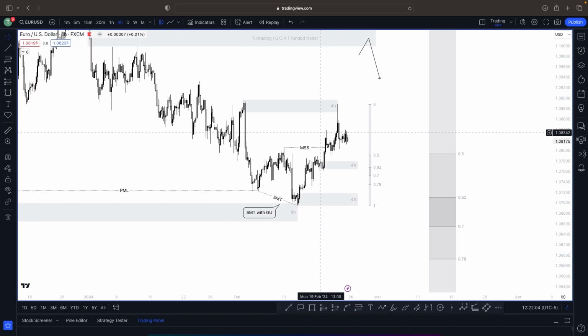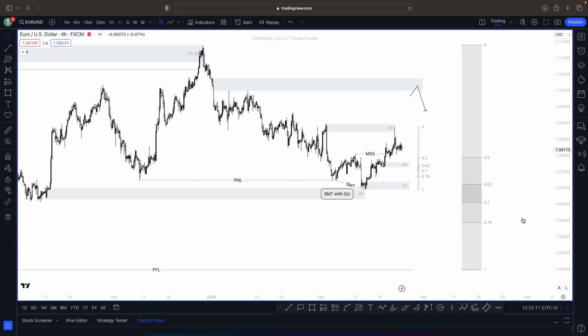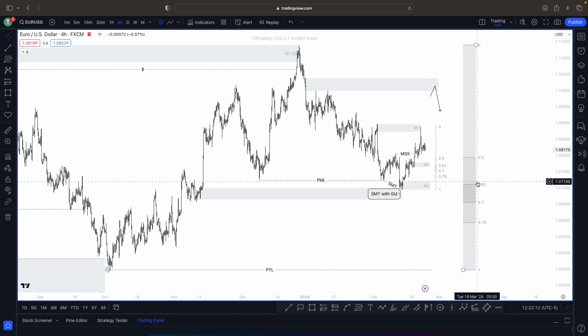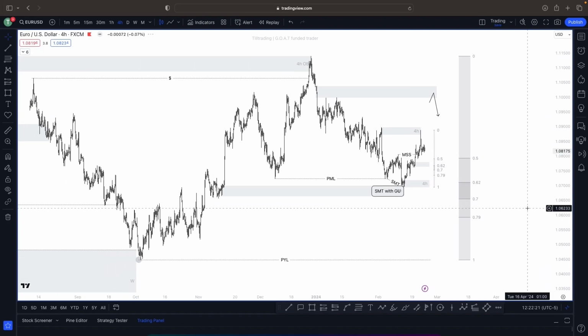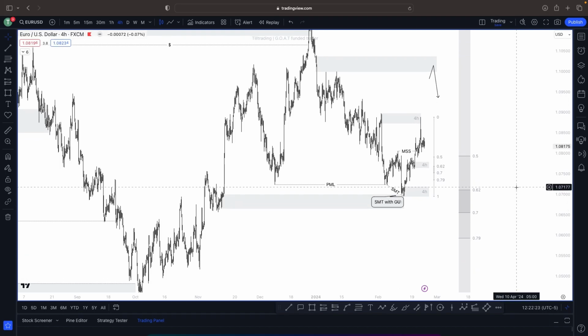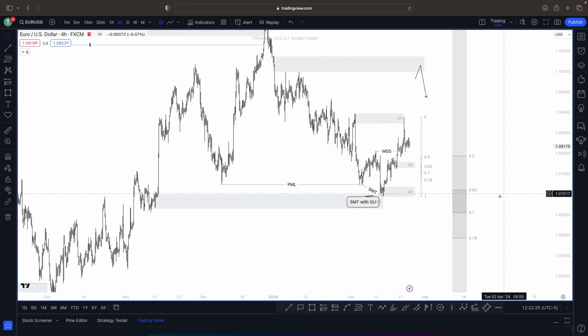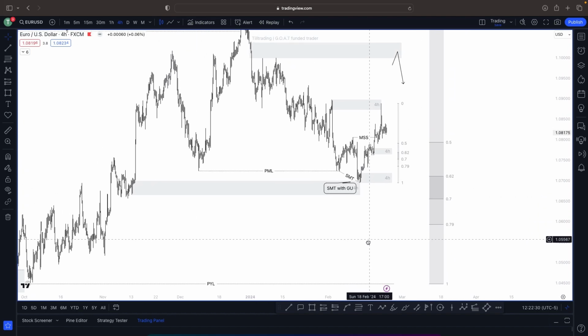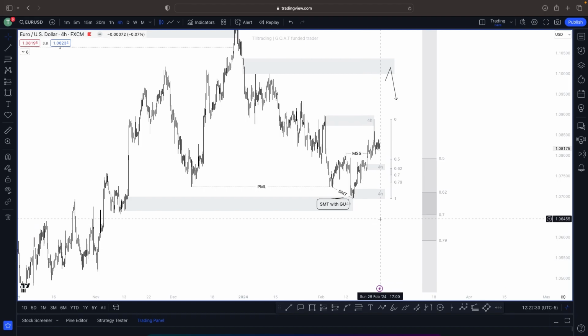Simply because we had this SMT with GBP USD, and we are in the OTE range of this impulse to the upside, so it's not very likely that we will go further to the extreme points of the impulse.